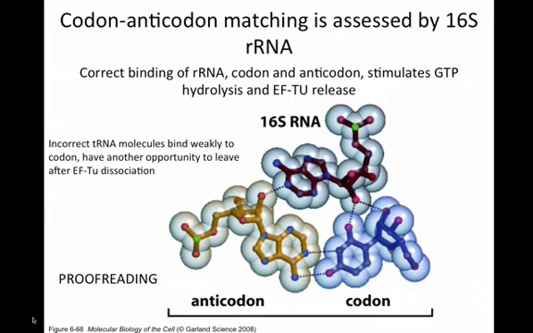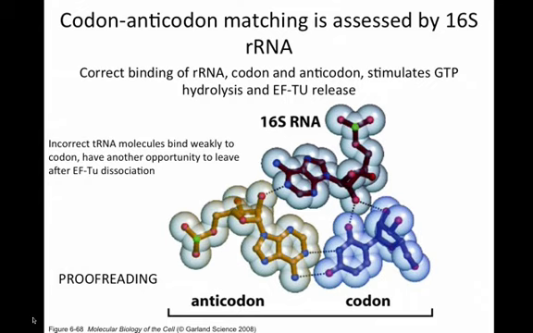So this codon-anticodon matching is very important, and it is kind of proofread, in a way, by the 16S ribosomal RNA, a portion of the ribosome. At the molecular level, there's hydrogen bonding happening between your anticodon and your codon, and also your 16S ribosomal RNA.